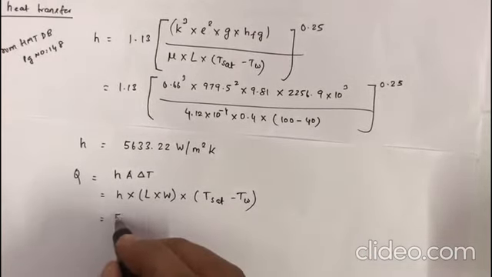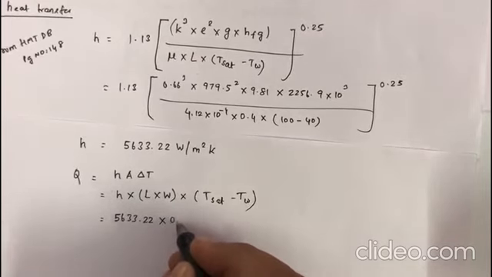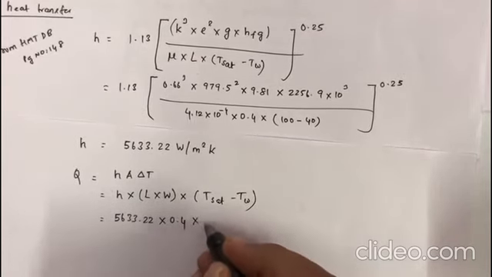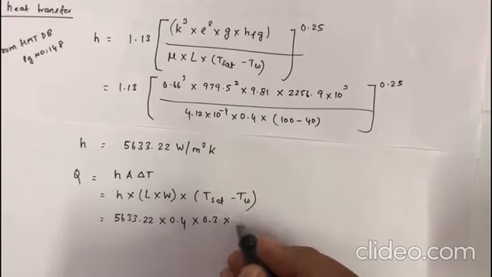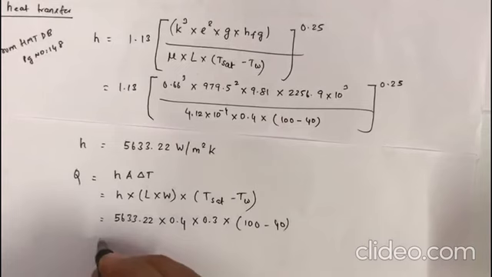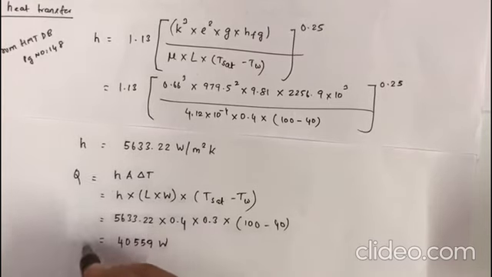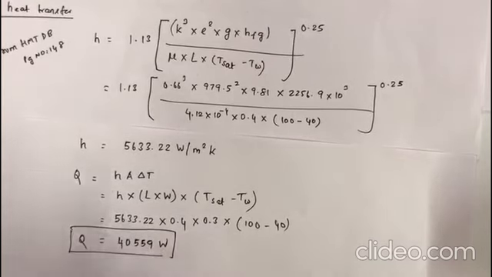So now we have 5633.22 into length of the plate 0.4 meters, width 0.3, into (100 minus 40). So the net heat transfer is going to be 40,559 watts. This is the answer.